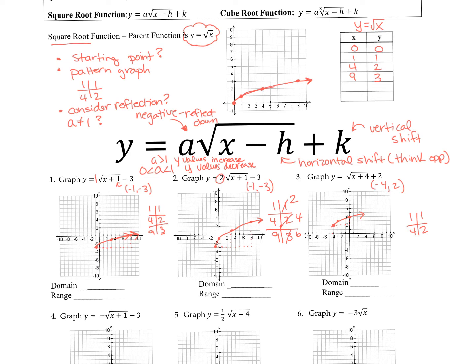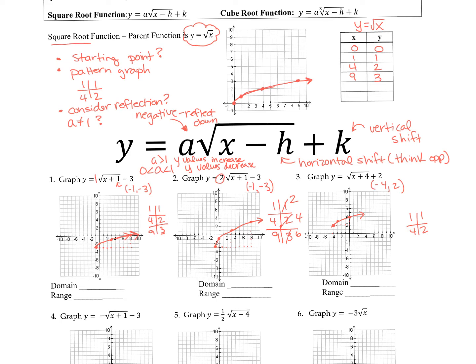Now, I've got a place for domain and range underneath each of these, so let's go back and add that. So my domain is the x values that are on my graph. So you can see for my first graph, my x values start at, sorry, I thought that was on my highlighter, not on my pen. Let me see if I can erase that. And there we go. Get my highlighter.